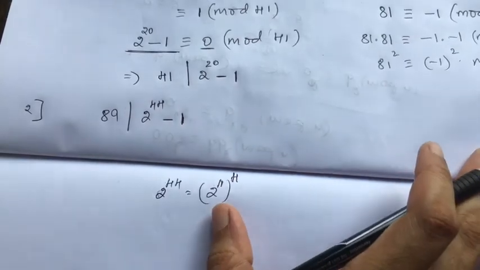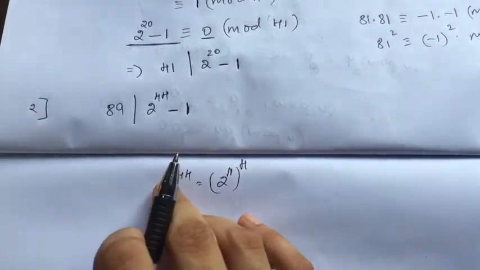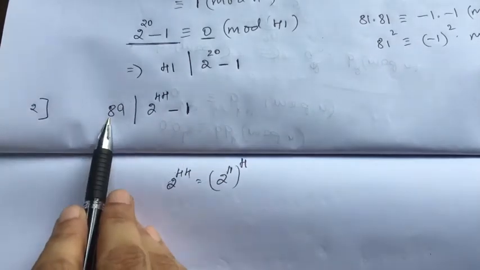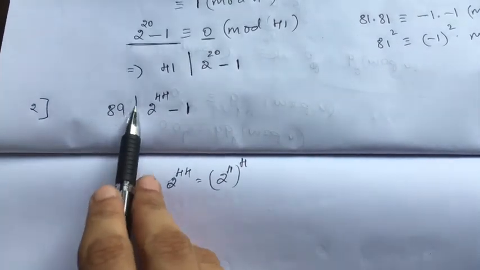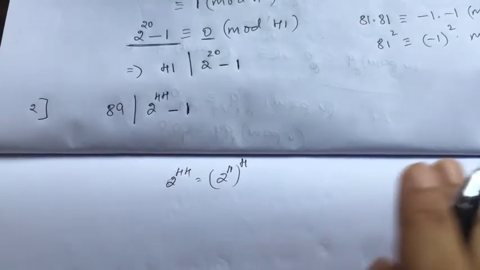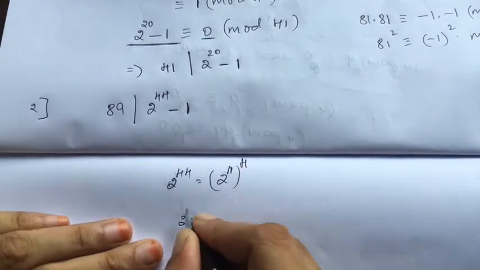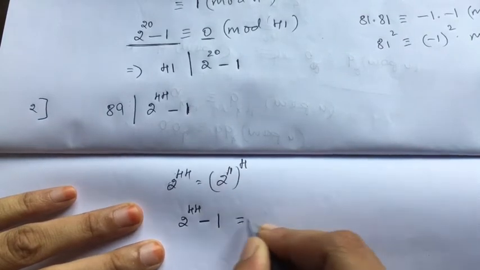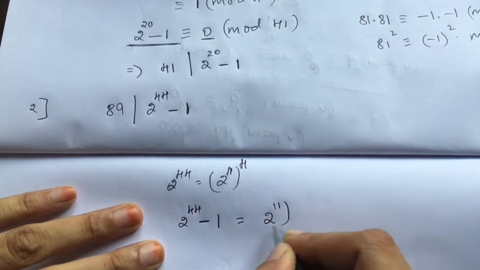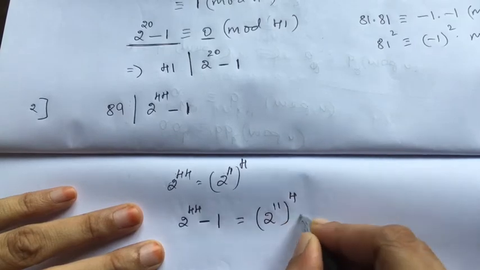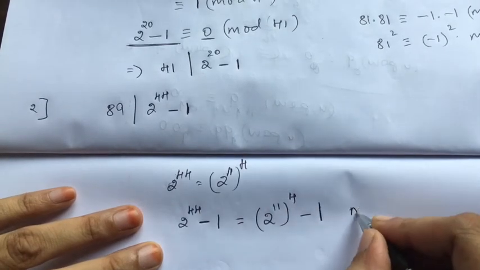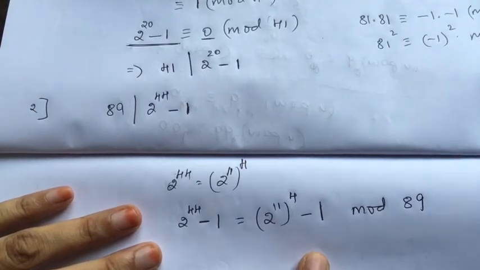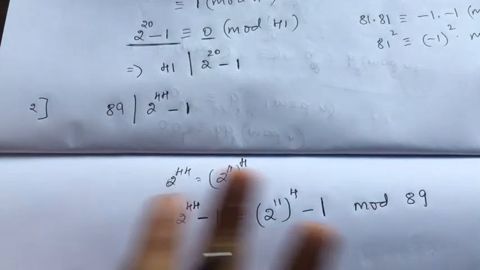Okay, so among the many factorizations, this is quite easier with respect to modulo 89. This we have to keep in our mind. So now this 2 to the power 44 minus 1, I'm writing it as 2 power 11 whole power 4 minus 1 modulo 89. If I'm getting this as 0 mod 89, then I'm done.